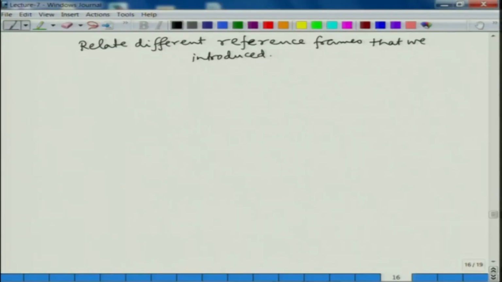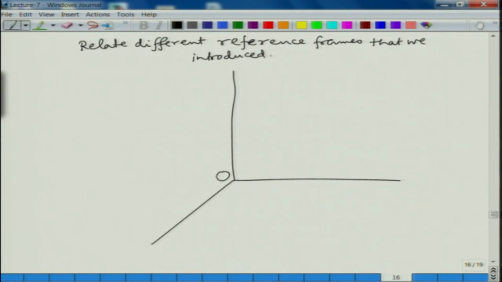Now we have to combine them in one picture. Okay. So, let us say, and please pay close attention to this. So, let us say we have a reference frame which is centered at the center of the earth. Let us say this is x, this is y, and this is z.